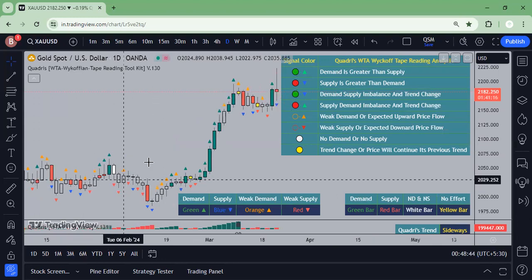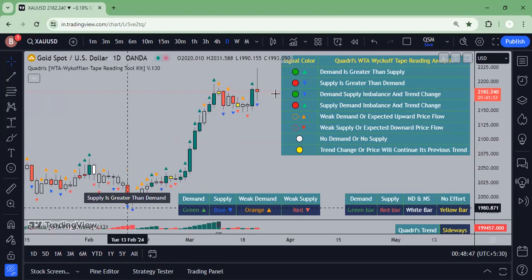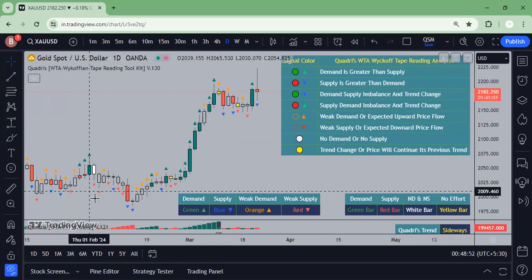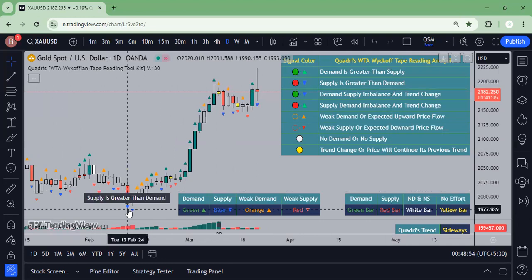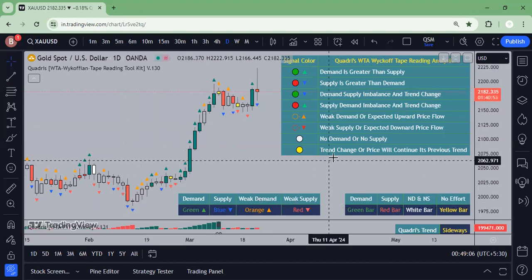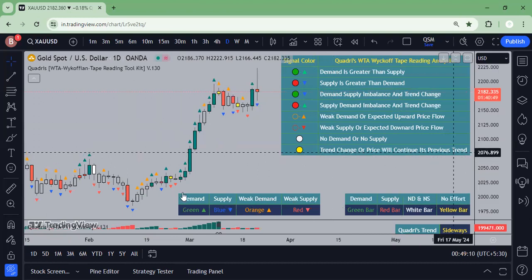And that happened. Here, in this context, red candle with blue triangle, supply is greater than demand. If I hover my mouse over this triangle, you can see it says supply is greater than demand. And for a yellow candle, trend change or price will continue its previous trend.